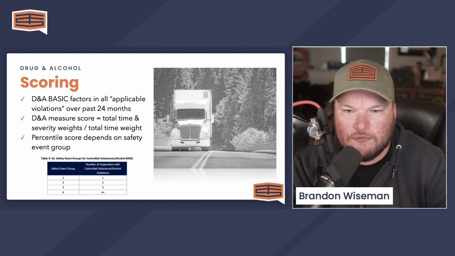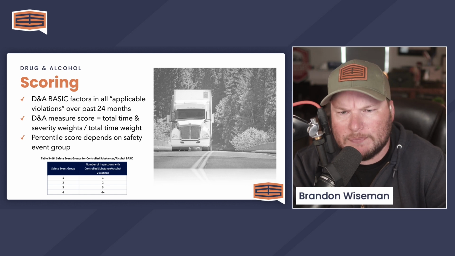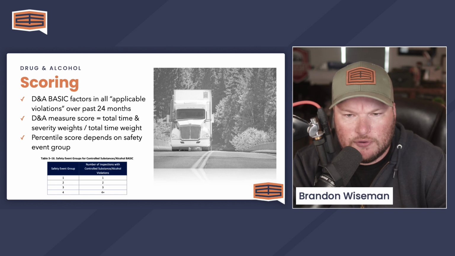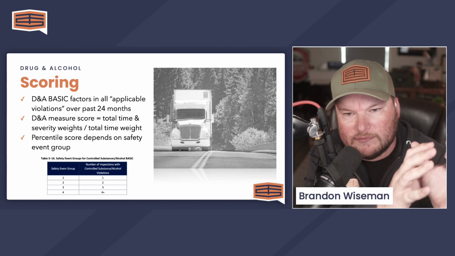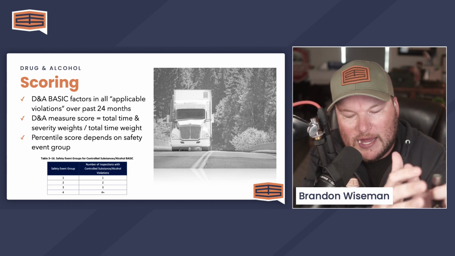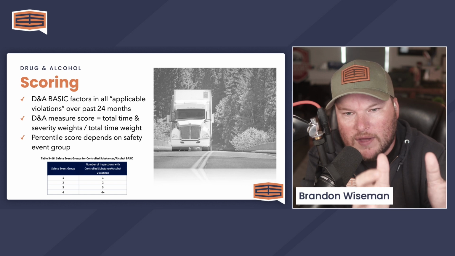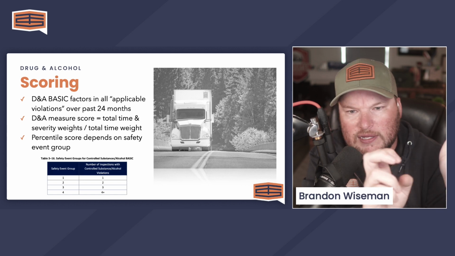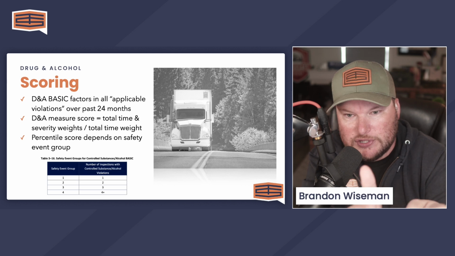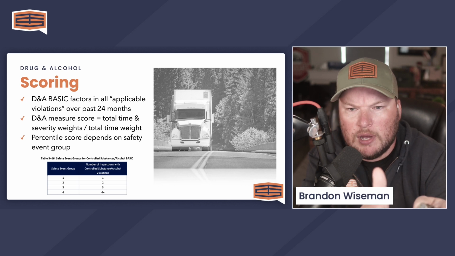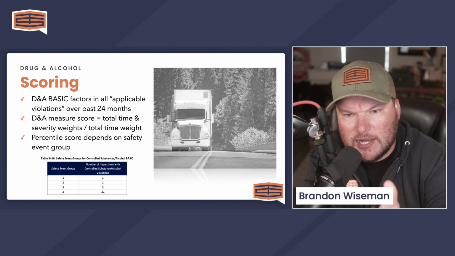That is how you are performing in that basic relative to your peers. So how the percentile score is calculated is they take your individual measure score on a monthly basis and they put you on a sliding percentile scale with other carriers that are in your so-called safety event group. And how your measure score stacks up against your peer group on that particular month dictates where you fall on that percentile scale.